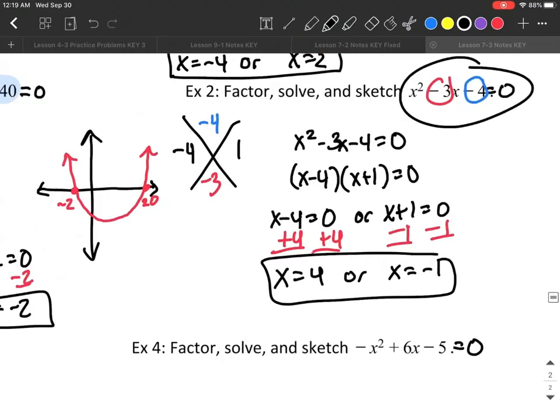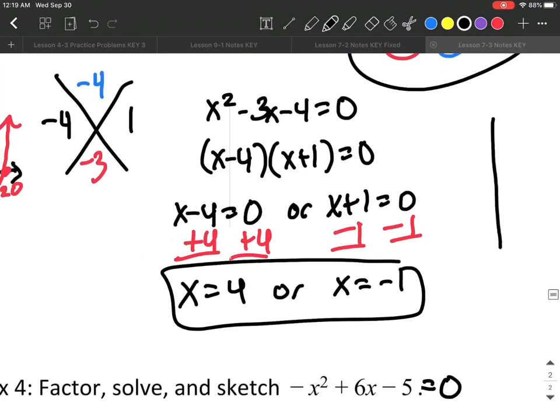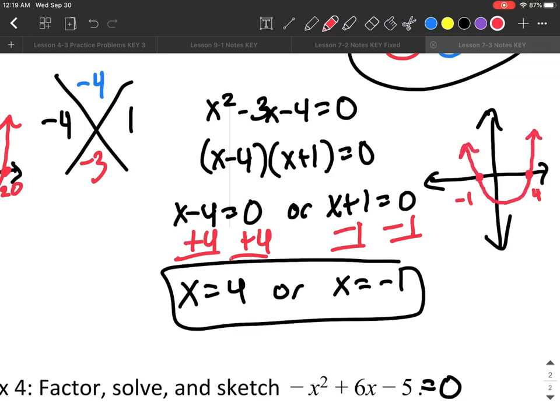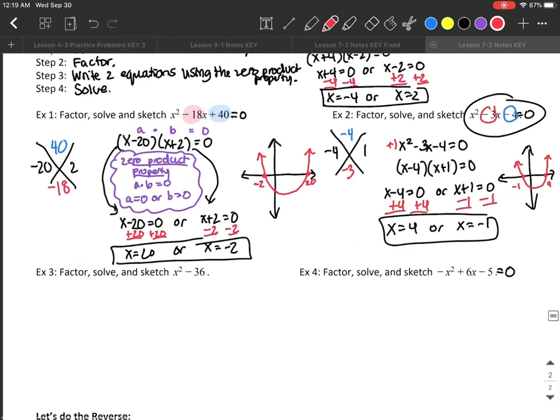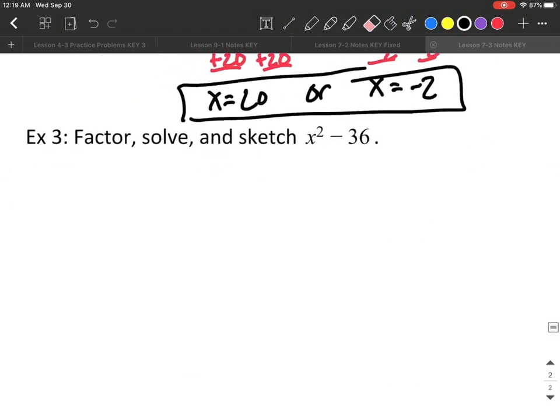And then to sketch the graph of what that would look like, I know I have 4 is an x-intercept, and so is negative 1. And then I connect them in an upwards U shape because, again, I have a positive coefficient for x squared.